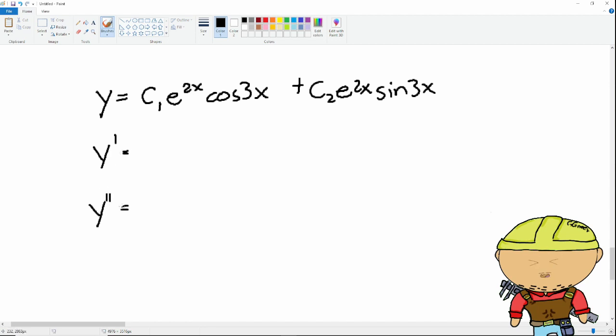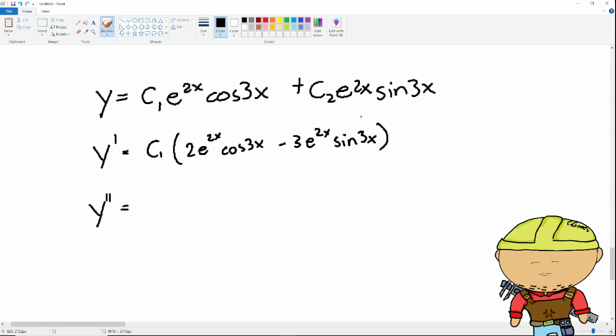In this case it's a little harder because e to the 2x and cosine 3x are two functions, so let's proceed with c1 first. Let's differentiate e to the 2x first: 2 e to the 2x cosine 3x. Then differentiation of cosine will become negative 3 e to the 2x sine 3x.